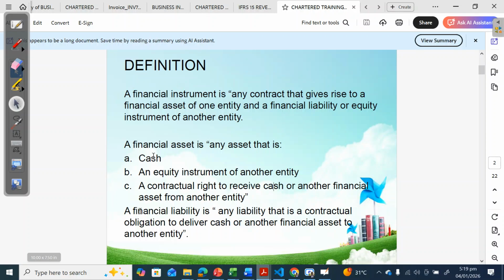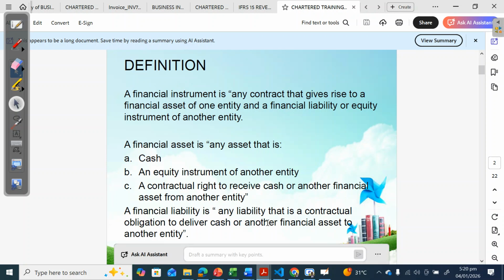Financial liability is the opposite of financial asset. With a financial asset, you are expecting to receive. It is coming to you. But a liability is the other way around. The one who is paying or delivering the financial instrument to the other party has a financial liability.